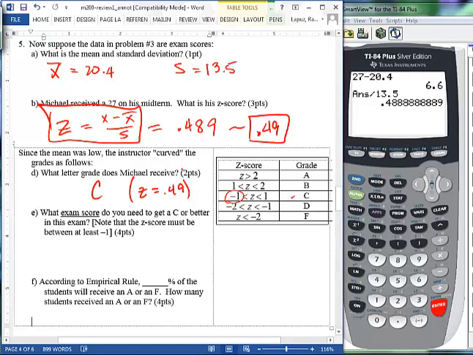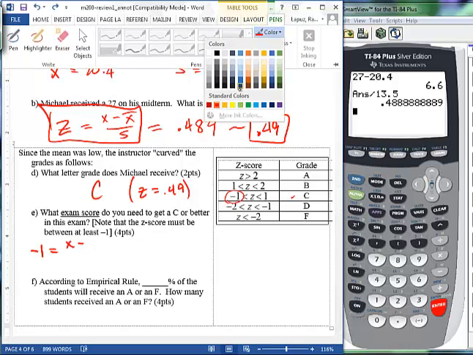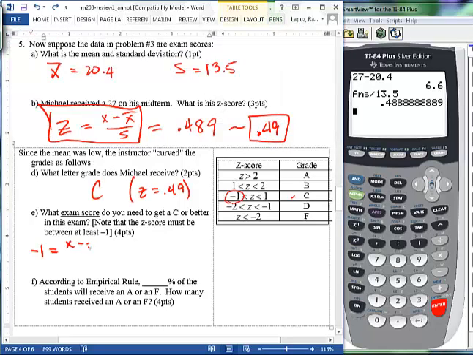Let's actually put in the values. We want a z of -1. X is unknown. We have our x bar is 20.4, and our standard deviation is 13.5.